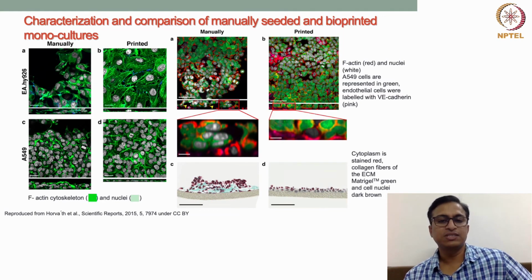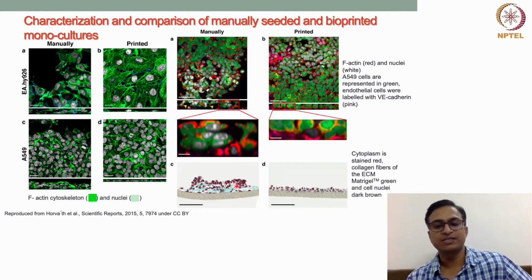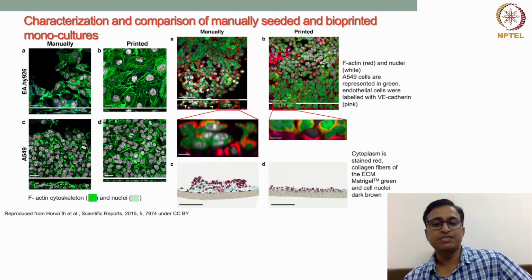Then again they have characterized this by histological staining, and in the histological staining it is clearly shown that the collagen fibers are marked as blue color, the cytoplasm is stained red, and the cell nucleus is dark brown. Here you can clearly see in the case of manual a typically patchy, thicker material structure with the cells.